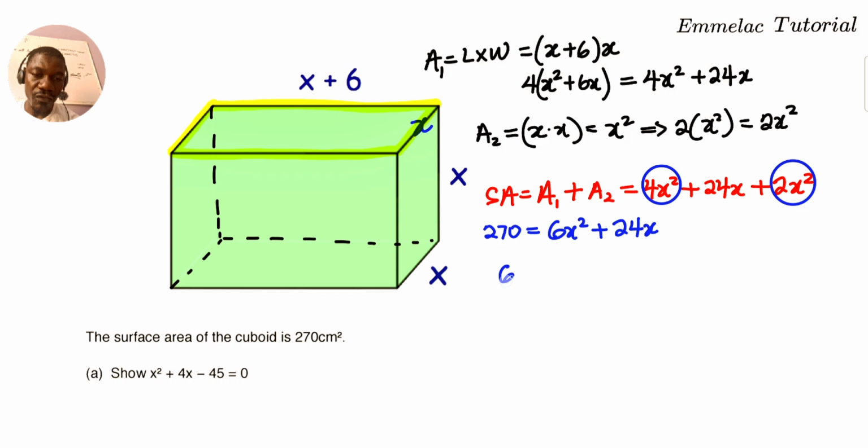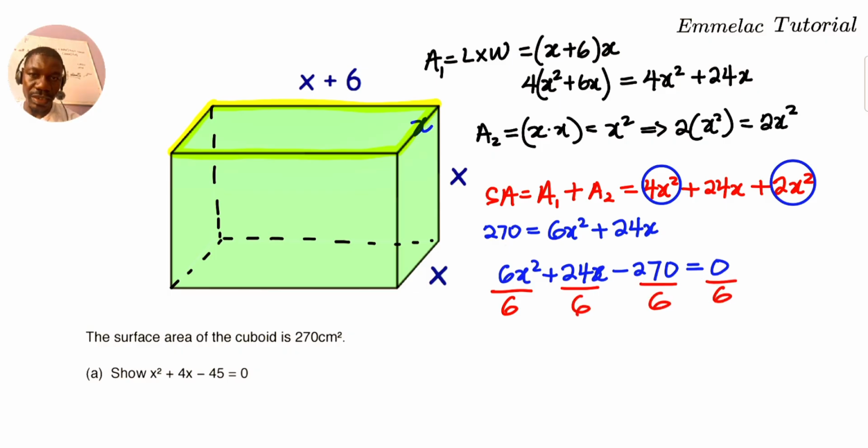Alright, let us rearrange and make the equation equal 0. So here we have 6x squared plus 24x, then minus 270 equals 0. If you take a look, you see it has a common factor, which is 6. Let us divide through by 6.